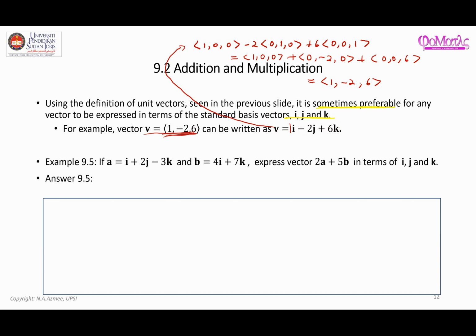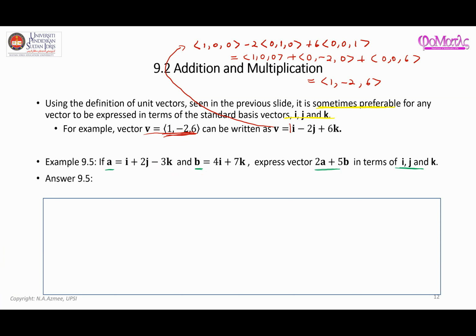Okay, so it is important that you know how to switch between the forms, either this one or this one. Now as a simple example here, let's consider these two vectors. This is vector A and this is vector B, and we're going to express 2a plus 5b in terms of i, j and k.